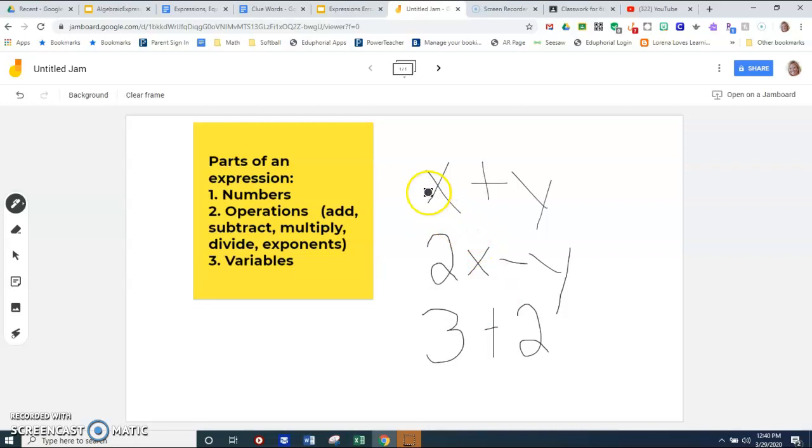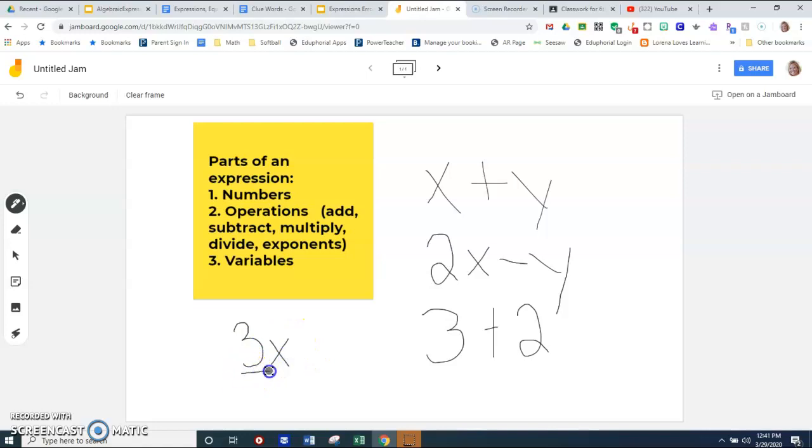So as long as it has numbers and an operation, variables and an operation, or numbers, variables, and operations. So it could have all 3. It could just have 2, just like this. But it has to have an operation. It could just be 3x.